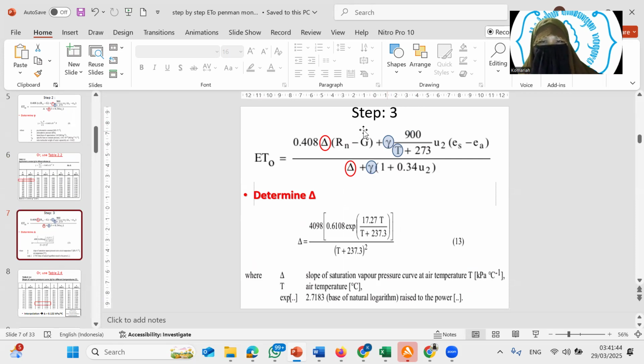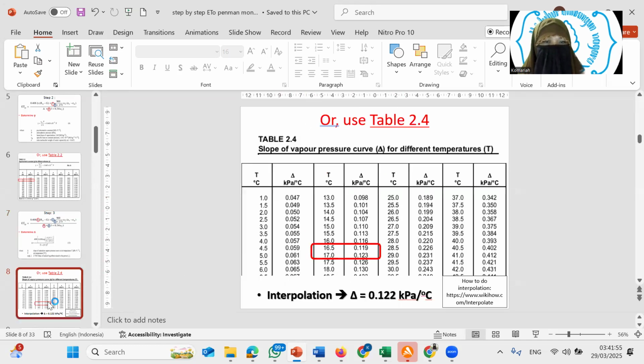The next step, or the third step, is determining the delta. This is the formula to calculate the delta, or we can use table 2.4.